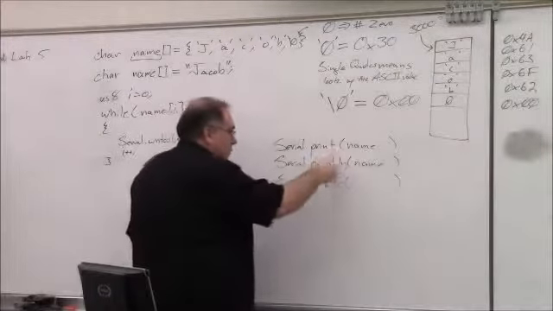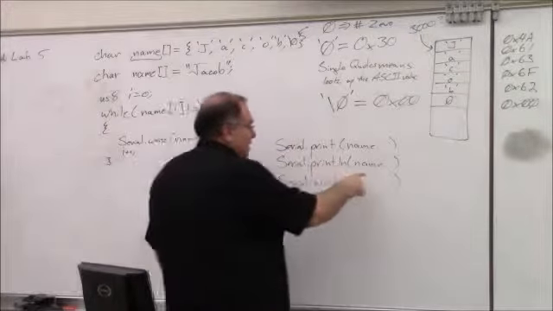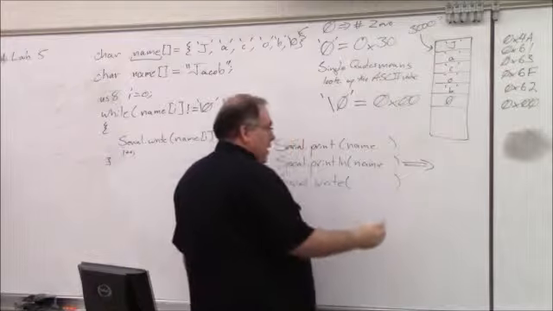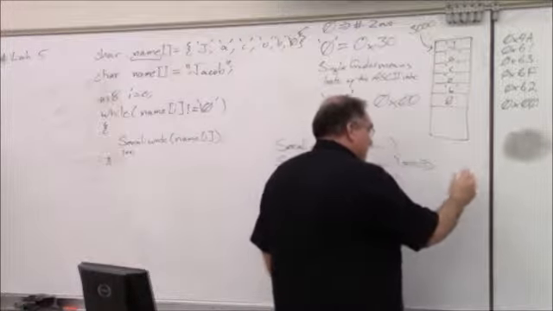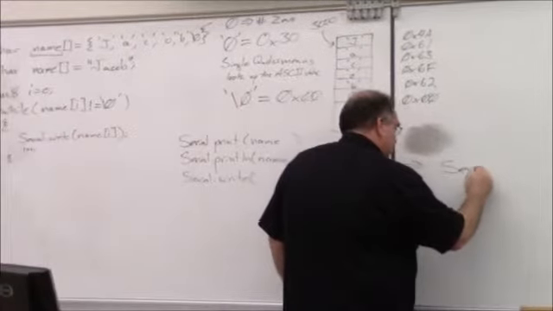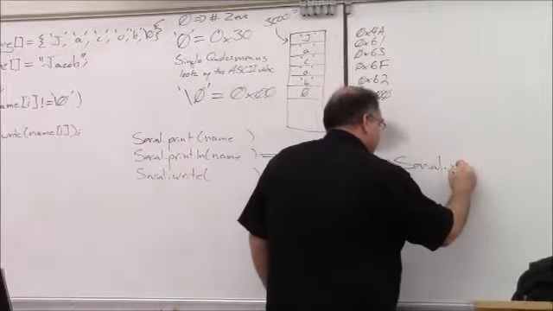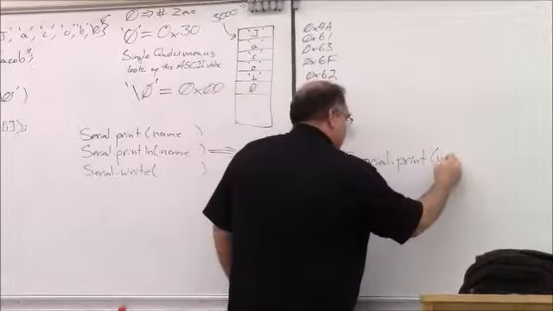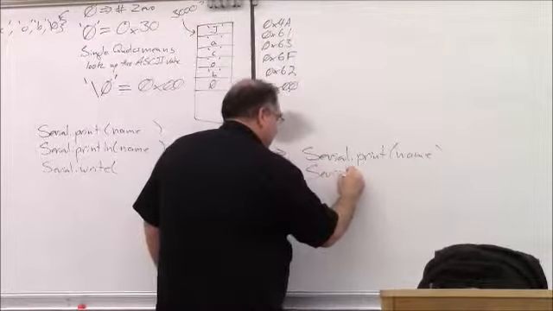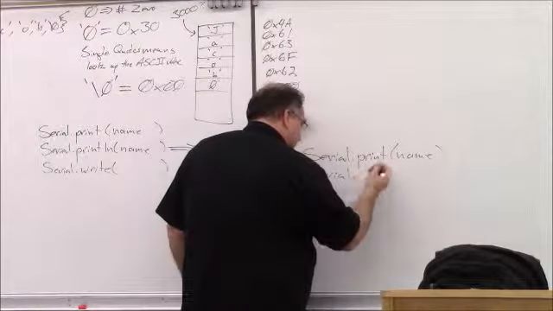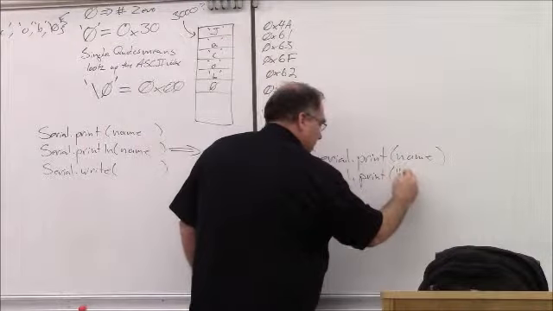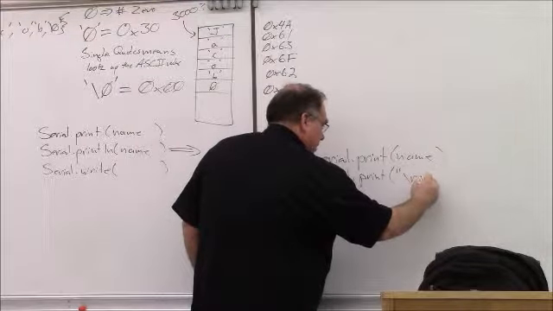The difference between Serial.print and Serial.println is that you could think of Serial.println as a function that does this. I'm going to draw it over here. It does Serial.print name, and then Serial.print carriage return new line.